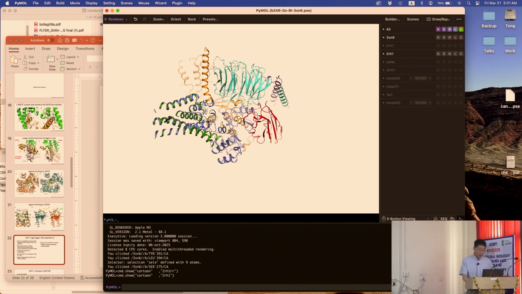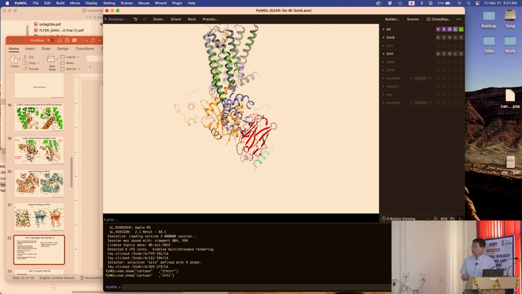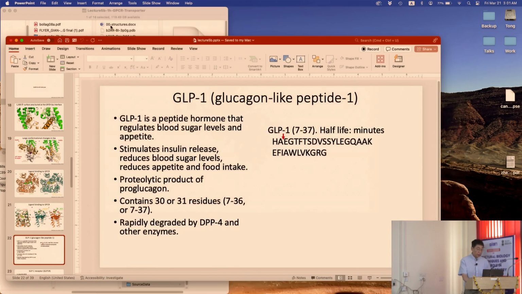So it sort of helps you to understand the conformational changes in the enzyme or in this receptor system as a response to ligand binding. Okay, so that's the first story on G proteins.